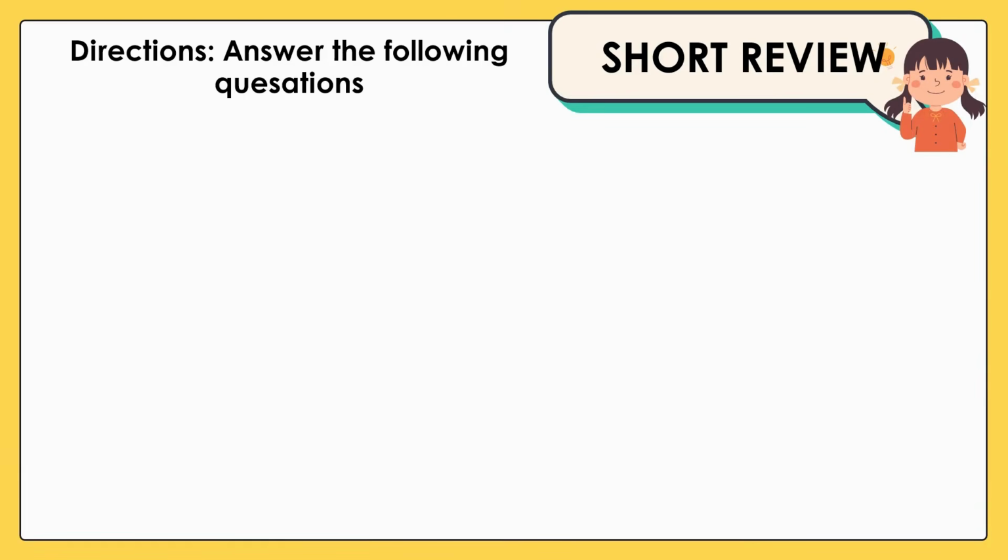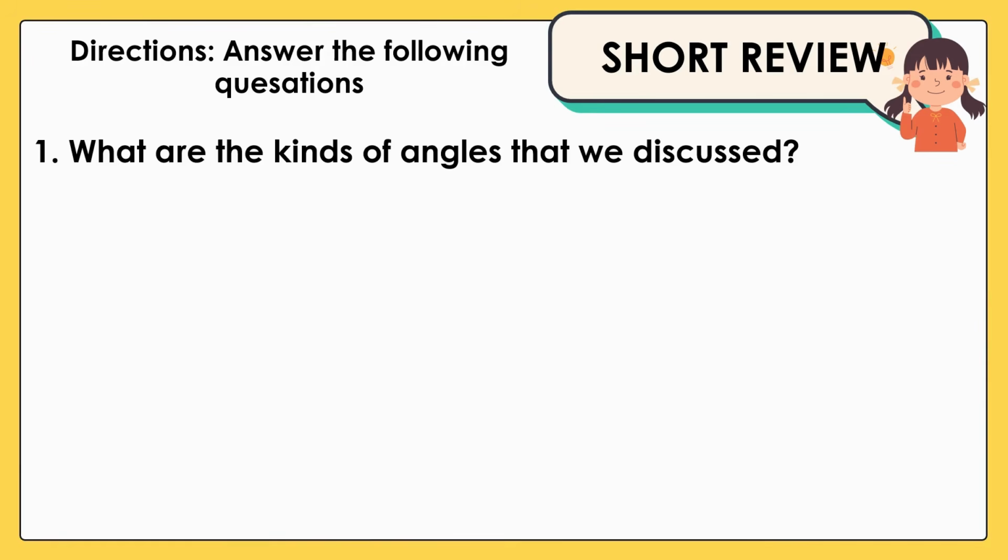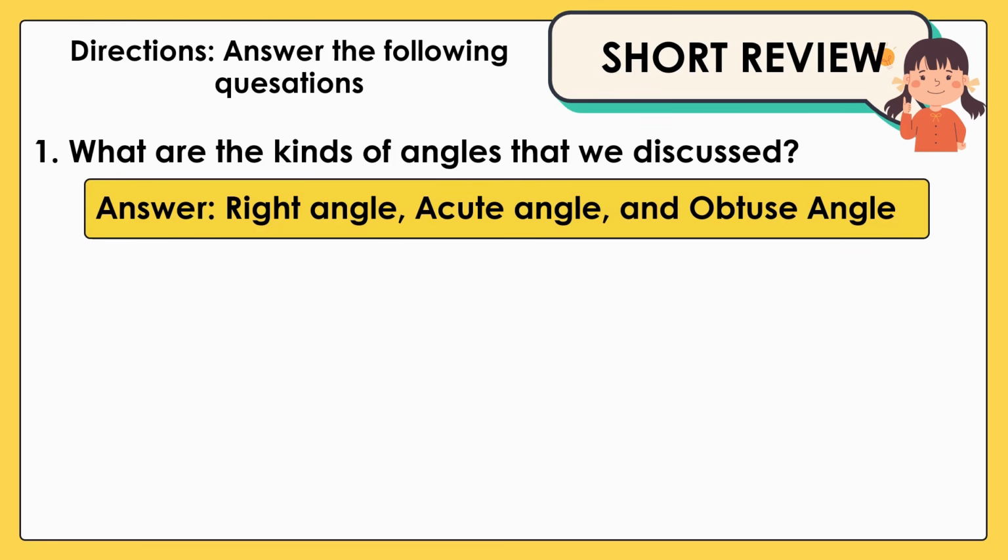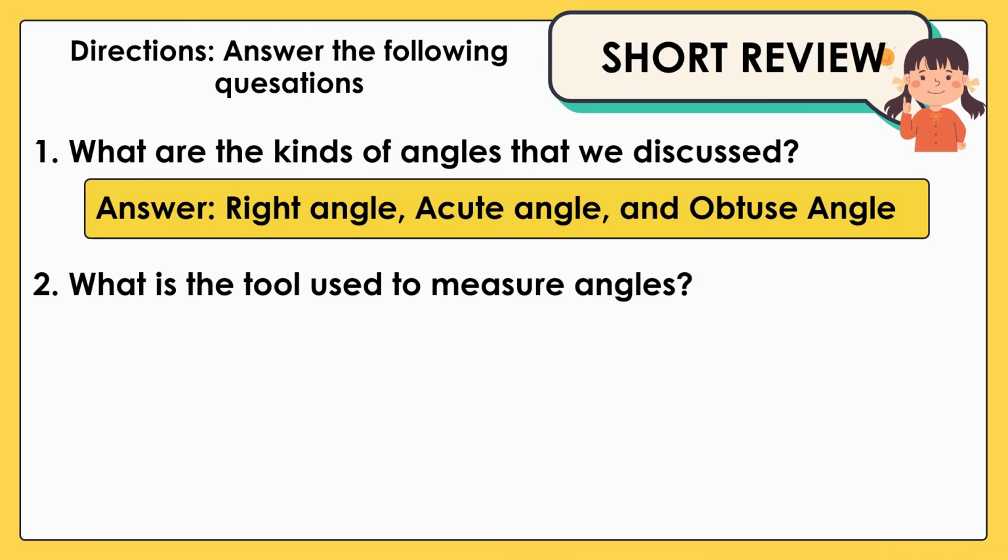Let's have a short review before we start the lesson. Number 1. What are the kinds of angles that we discussed? The answer, right angle, acute angle, and obtuse angle. Number 2, what is the tool used to measure angles?